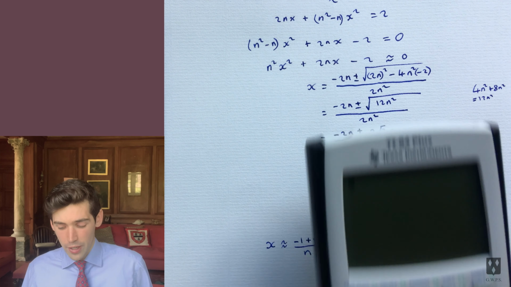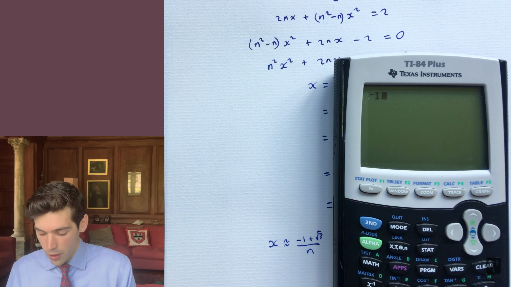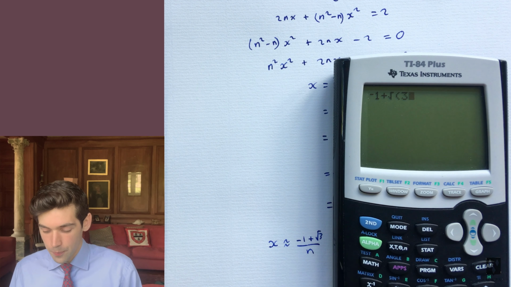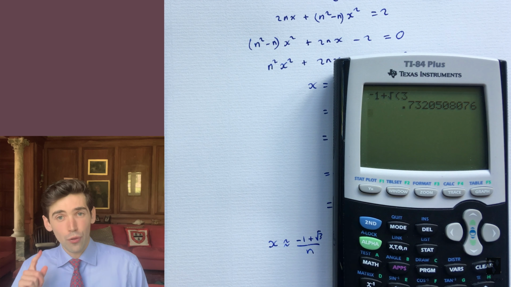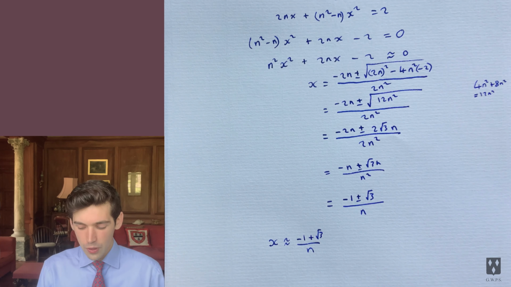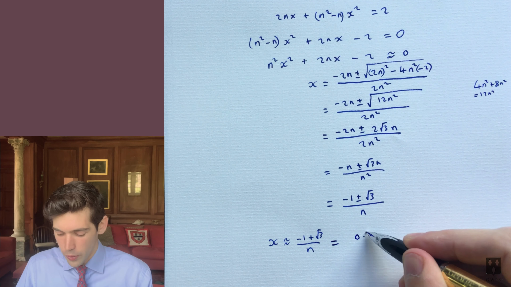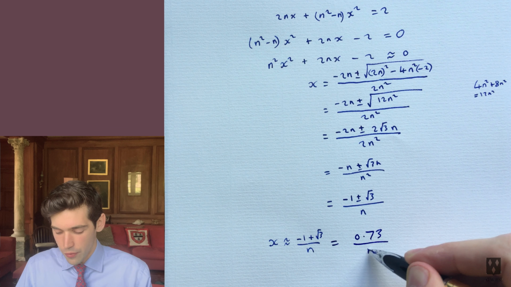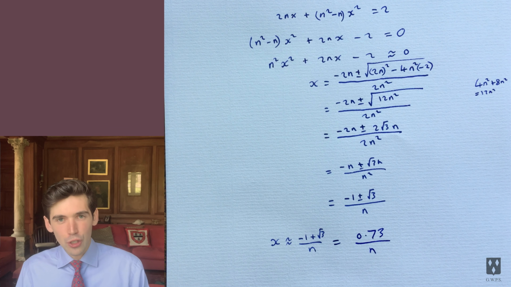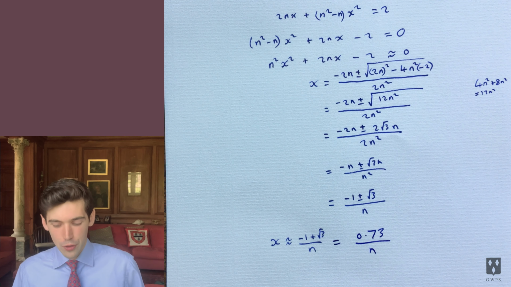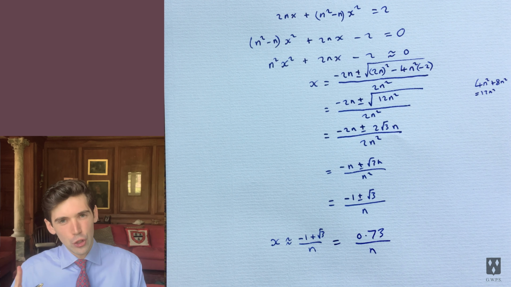And if you just work out what that number is, minus 1 plus root 3, it's 0.732, so on and so on. 0.732, which is very close to 0.72, which is what the rule was. So let's just say this is 0.73 over n. Now that's pretty close to what the rule is, although the rule was 72.